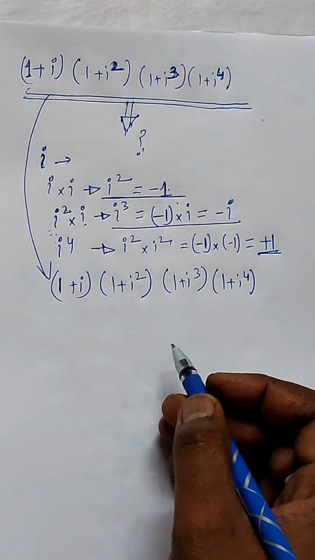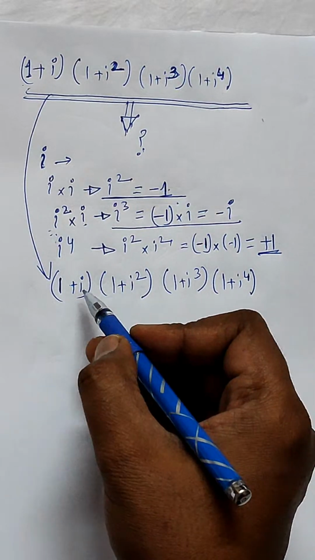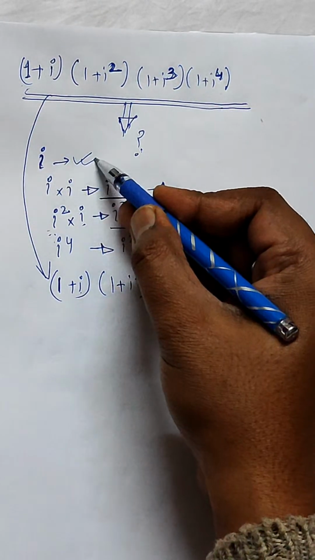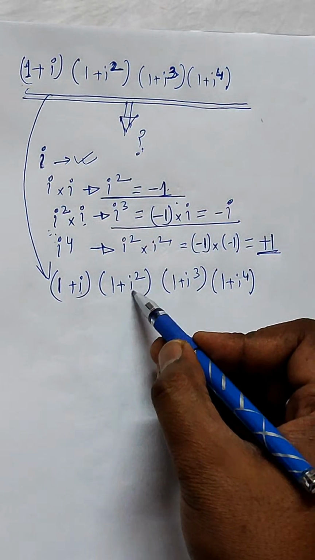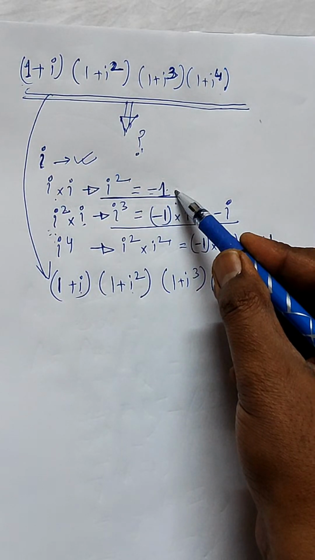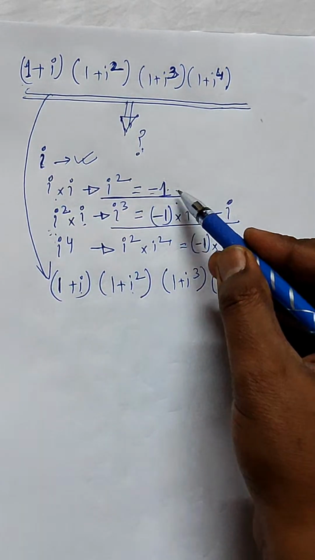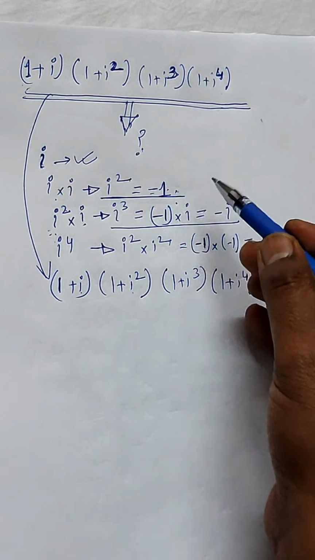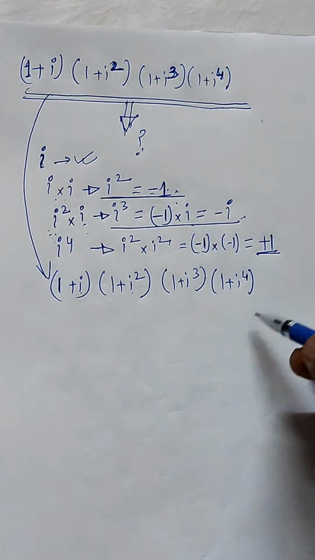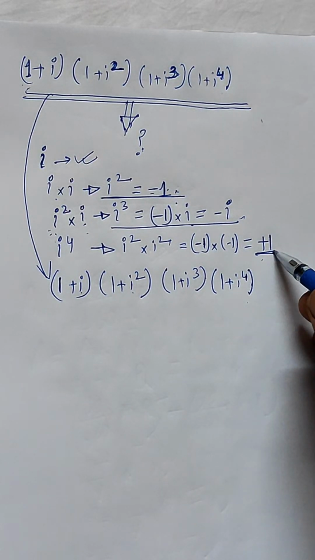So here the value of I will be as it is. The value of I square will be minus 1, the value of I cube is minus I, and the value of I to the power 4 is plus 1.